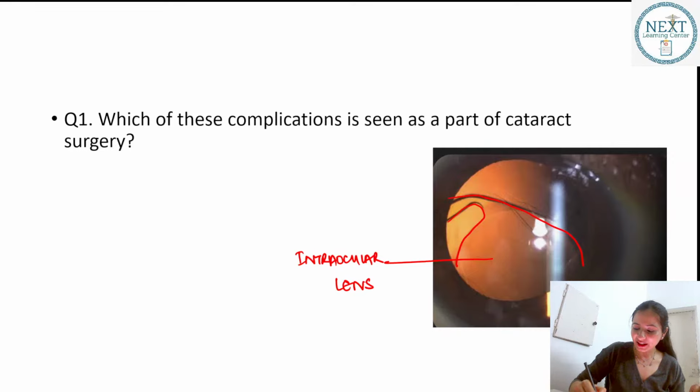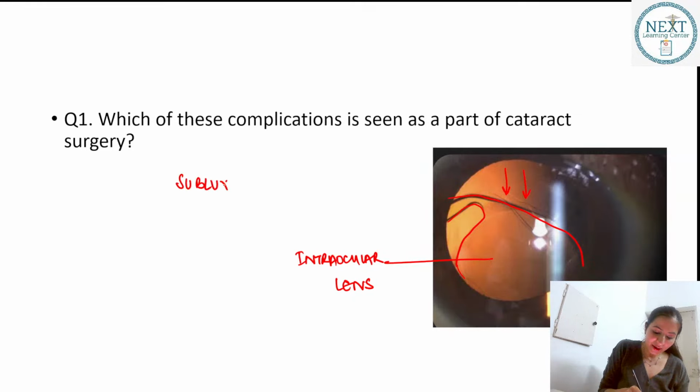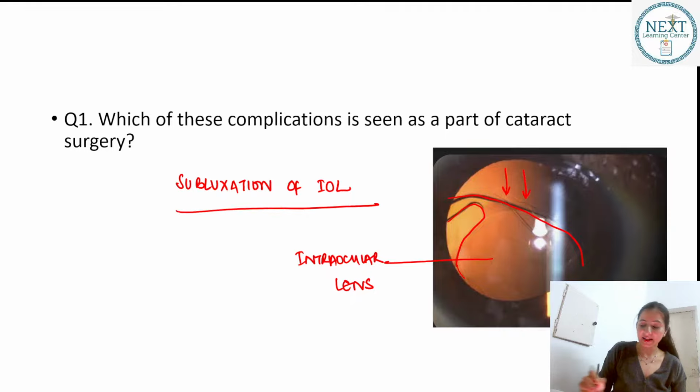So what is happening here? Here your lens has subluxated downwards. So what is this condition called? This is called subluxation of intraocular lens.